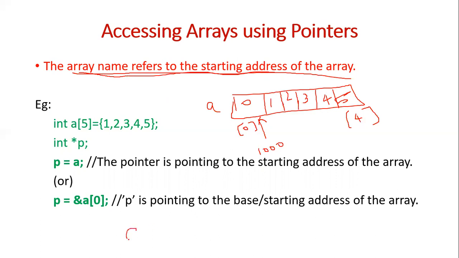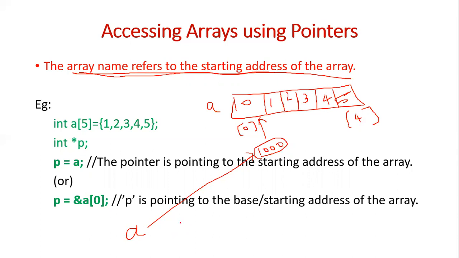So the moment you say A, here A is the name of the array and it will refer to the address 1000, because A means it refers to the entire array, and it refers to the entire array's starting address. So just A will give you the starting address of the array, which is 1000. This is one way to access the starting address or the base address of the array.